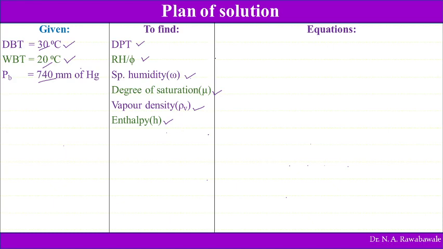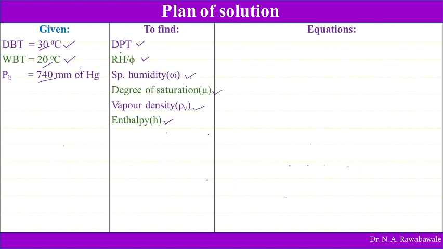First we want to find the dew point temperature. The dew point temperature is the saturation temperature corresponding to the partial pressure of water vapor. Therefore we can find this partial pressure of vapor from the steam table.